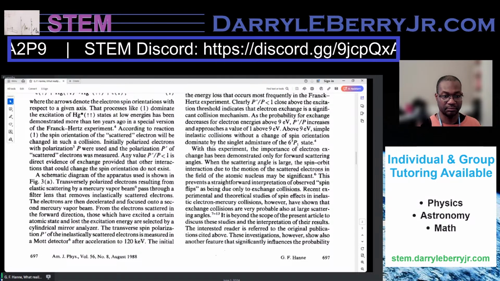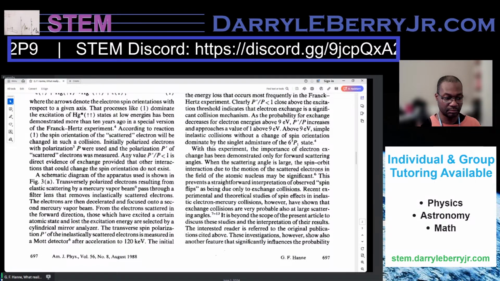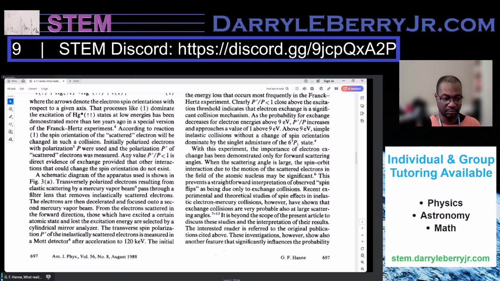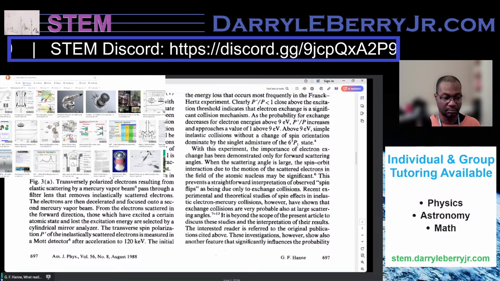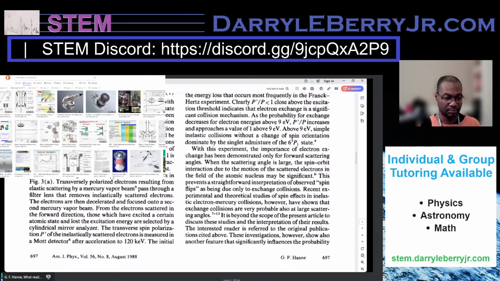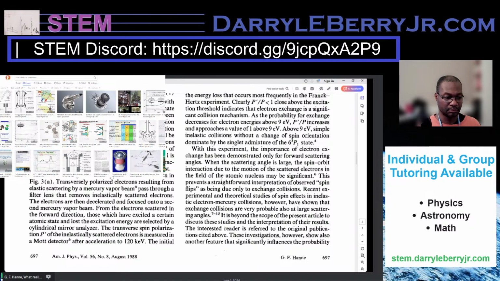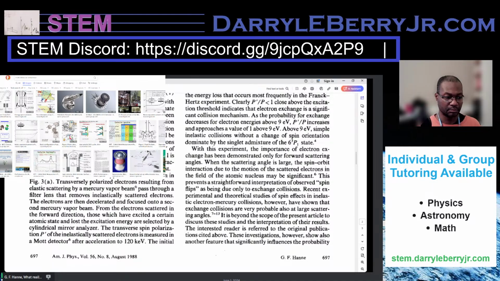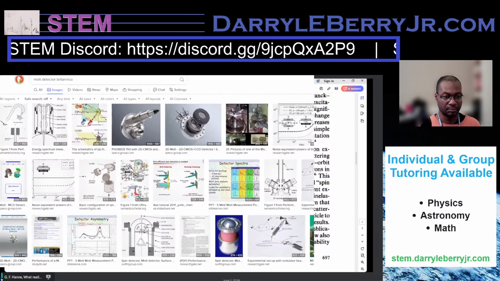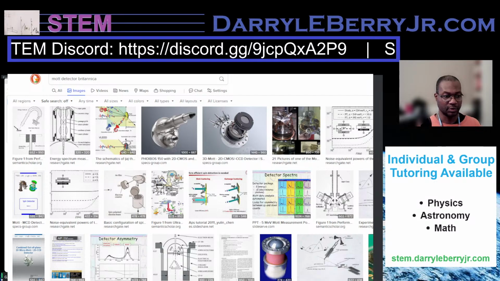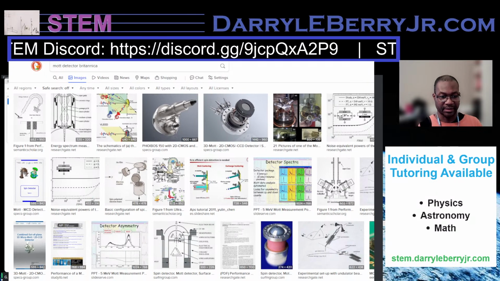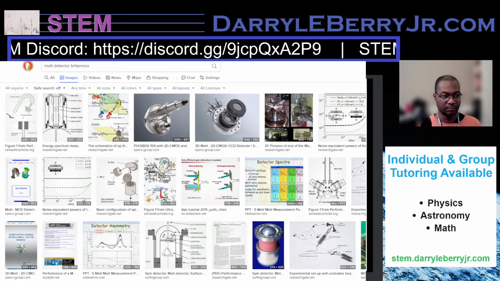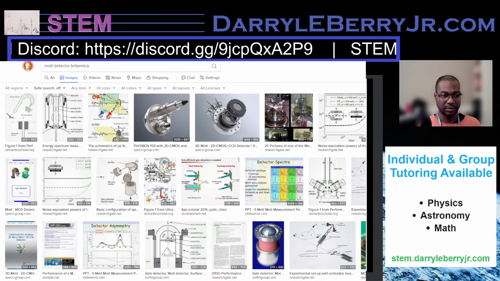That should do. So now we're looking at some Mott detectors, seeing what they're about briefly.